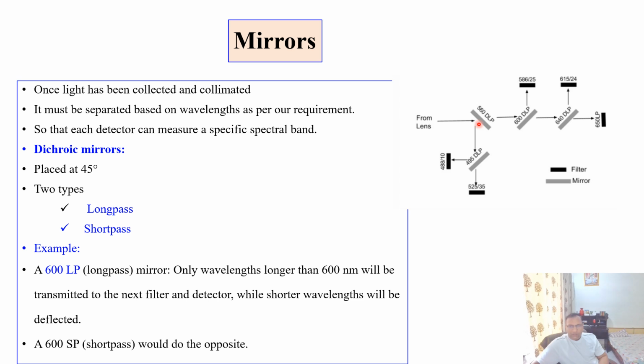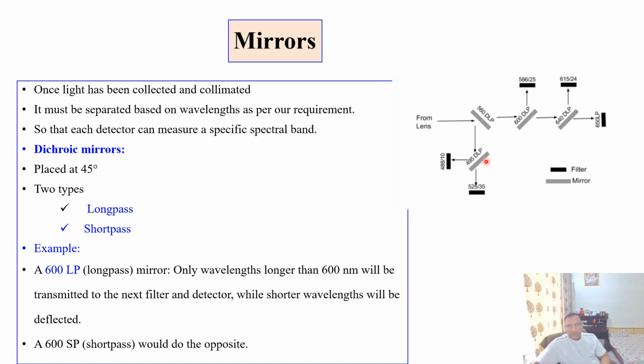For example, it passes 600, 640 and so on, and reflects light of lower wavelength, like 495.